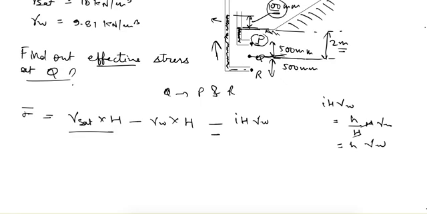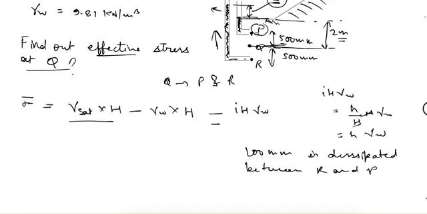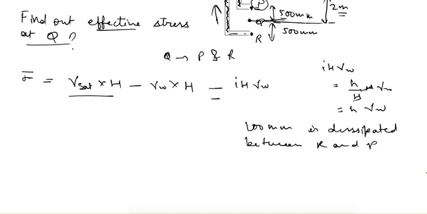So a head loss of 100 mm is dissipated between R and P, and this point Q is between R and P. So the head loss up to this point will be: h L equals total head, that is 100 mm, which is 0.1 meter, divided by the length of flow, that is 500 plus 500, the total length of flow is 1 meter, times the length up to this point, that is 0.5 meter.